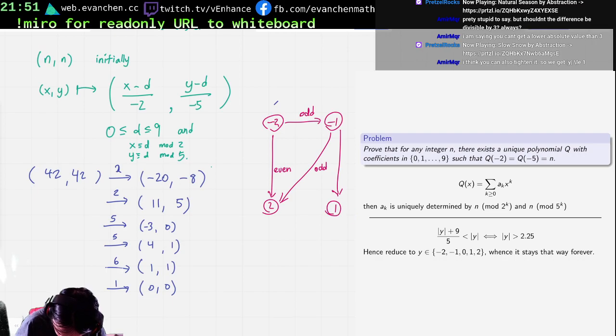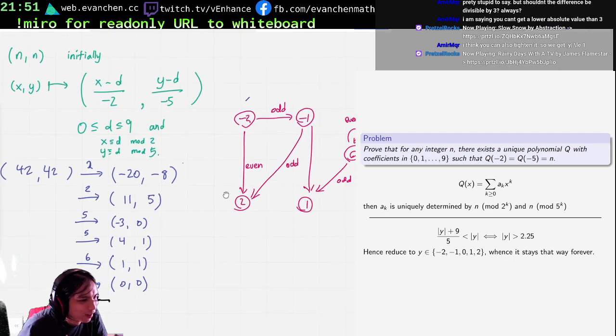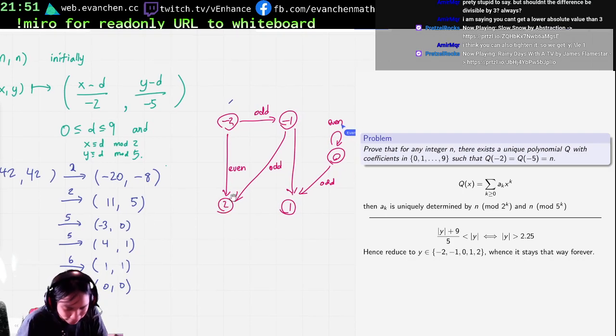Here's 0. When you're at 0, you can either stay there, or you can subtract 5 and go to +1. This is going to be really fun to type up. And then 1 can actually only go to 0 and -1, right?